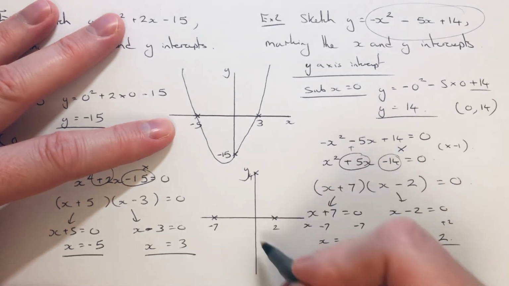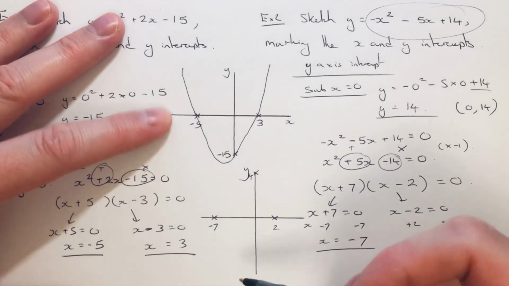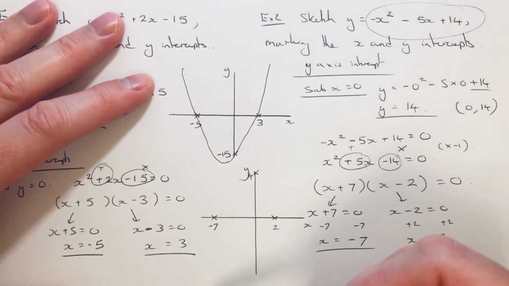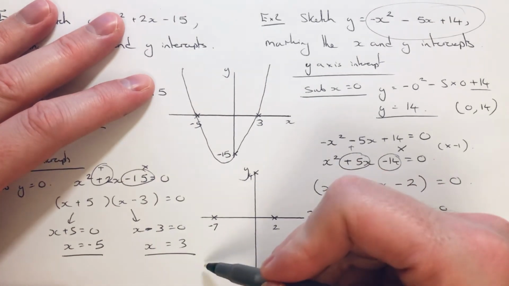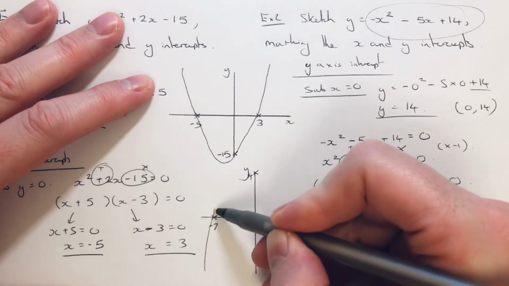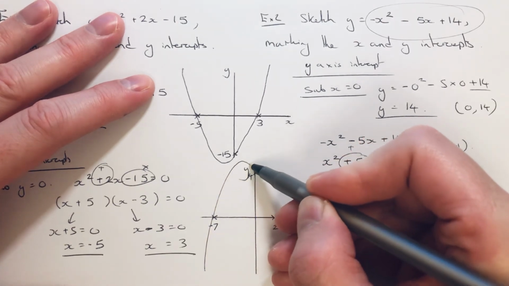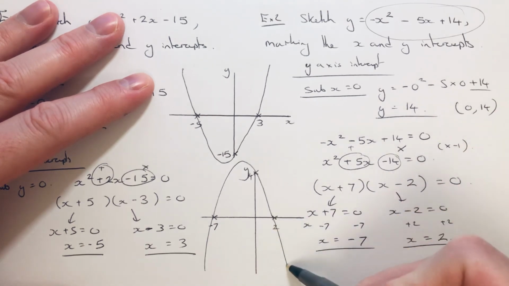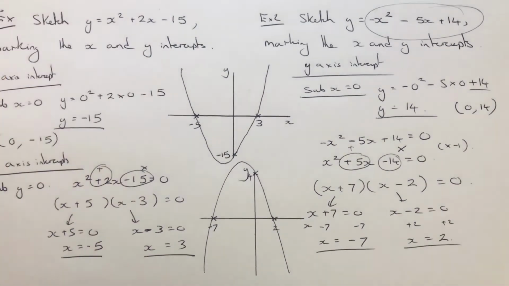So this time it's up the other way, the graph. Okay, so it's an upside down U shape. So it's looking like it's doing something like this. Okay, so that is how you sketch a quadratic graph.